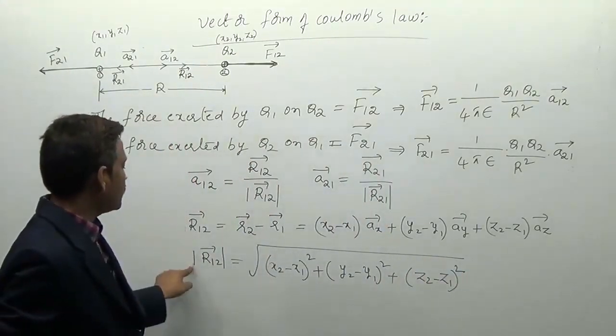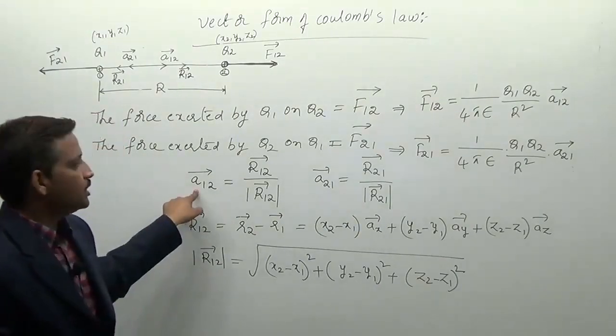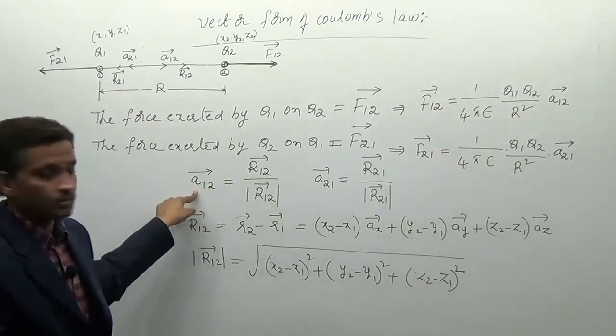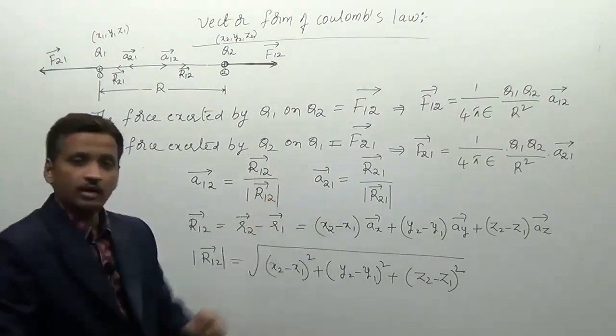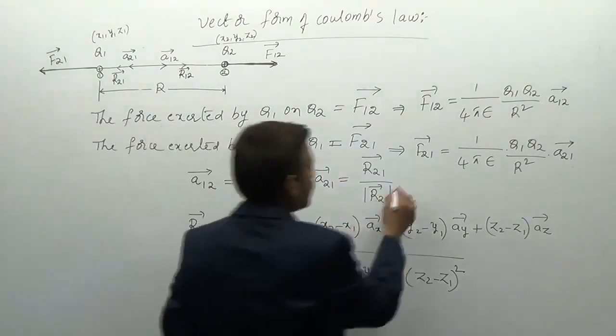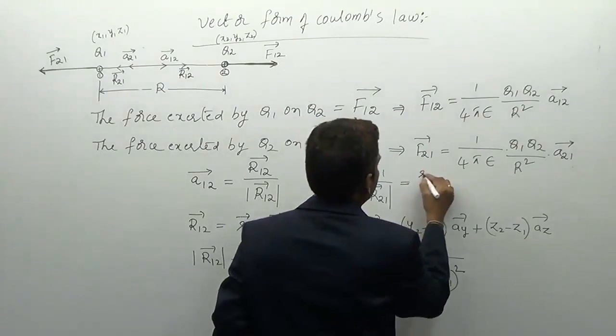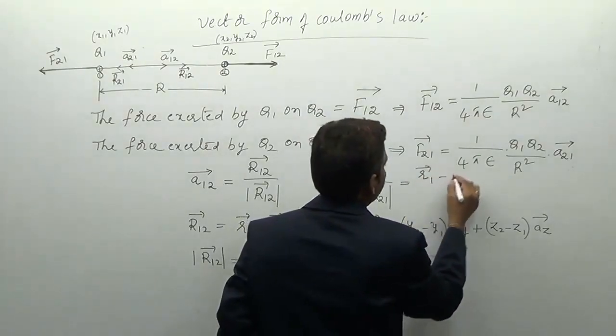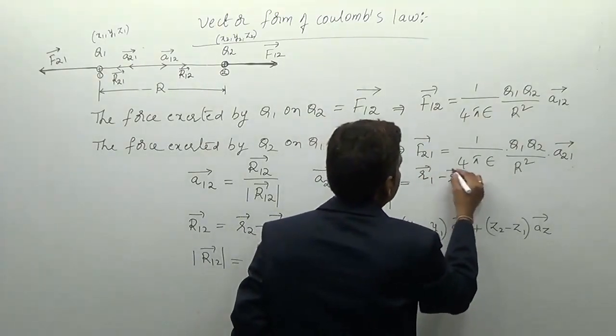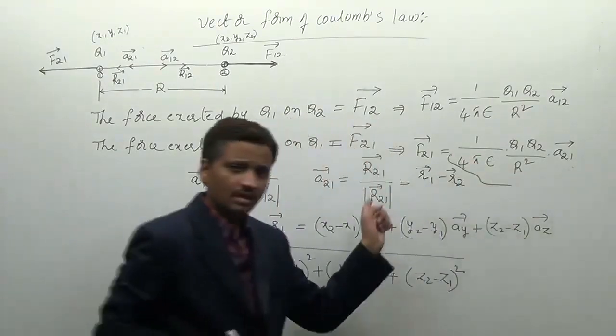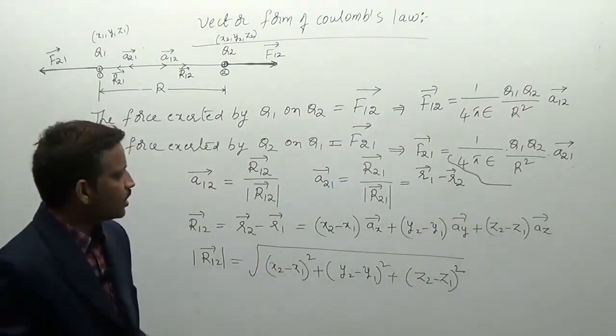So this R12 by magnitude of R12 is going to give us this A12. But what about this A21? A21 is obtained by R21 vector by magnitude of R21. So this is R1 vector minus R2 vector. R1 minus R2 means what?